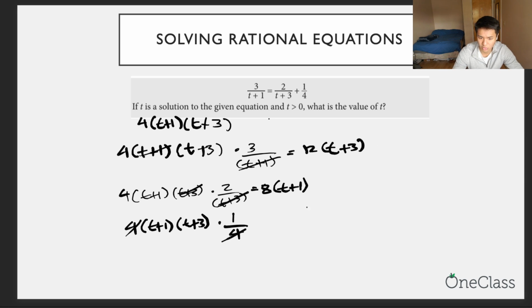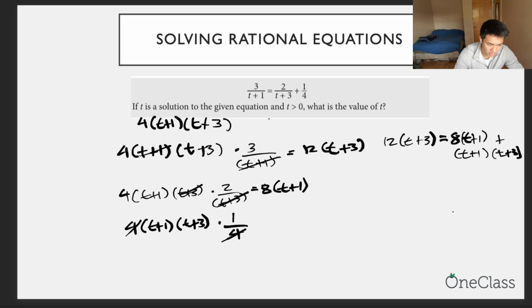We're going to have 12t plus 3 equal to 8t plus 1, and then plus t plus 1 times t plus 3, right?